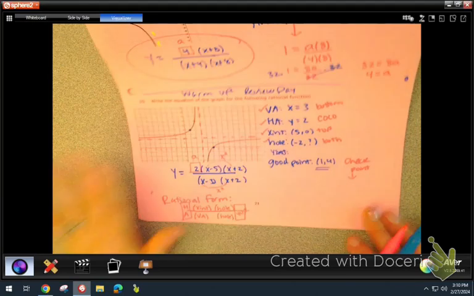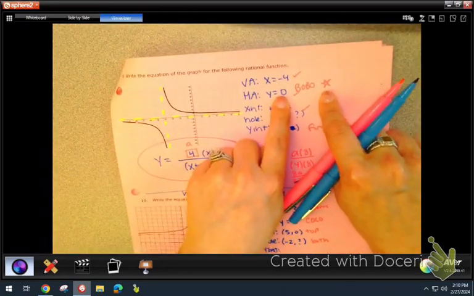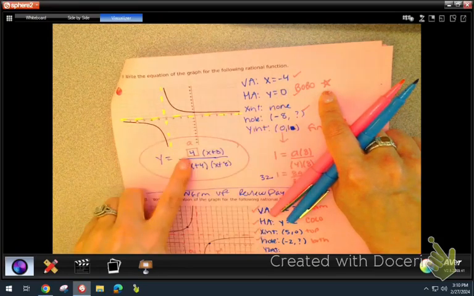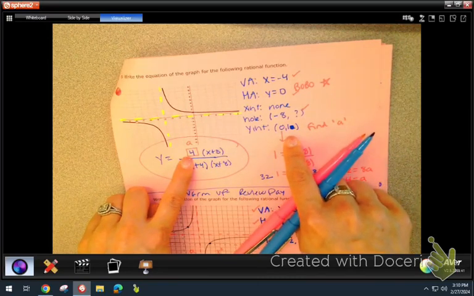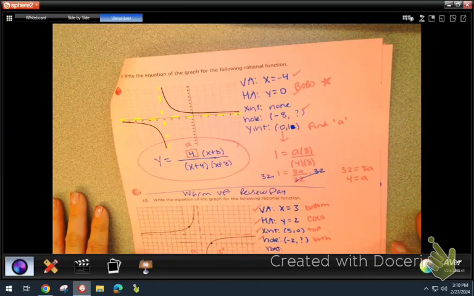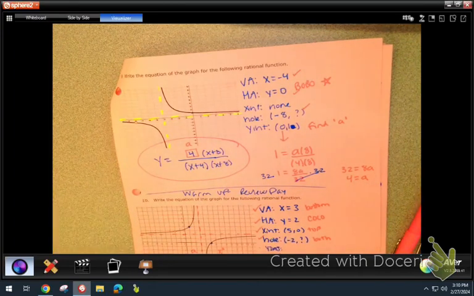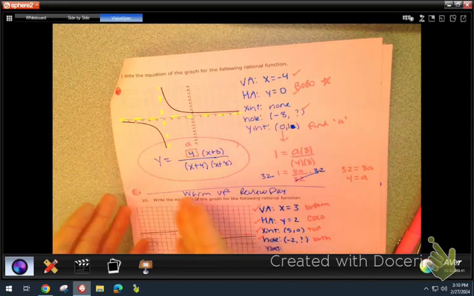Or if you're in the case like question 9, where your HA was at y equals 0, you have to figure out what specific coefficient makes us go through a specific point, okay? It's not just bigger on bottom. You have to figure out what exactly goes there. So I found over the years, if I make you always check that A value, you're less likely to forget to do it when you actually need to, okay? So that's why we're going through this.